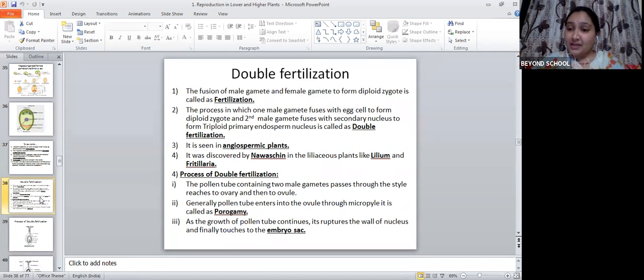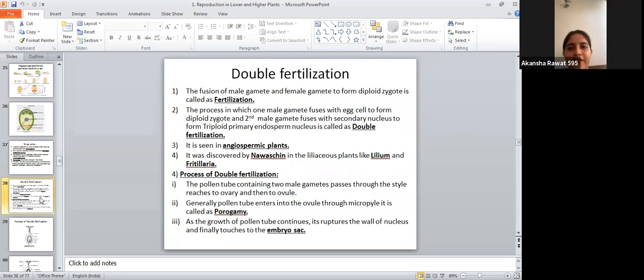One male gamete fuses with the egg cell to form a diploid zygote, and the second male gamete fuses with the secondary nucleus to form a triploid primary endosperm nucleus. This process is called double fertilization.